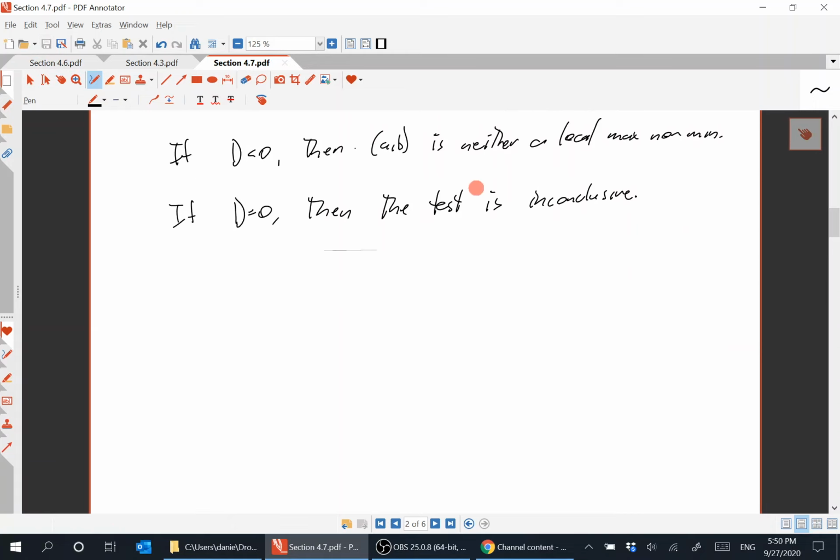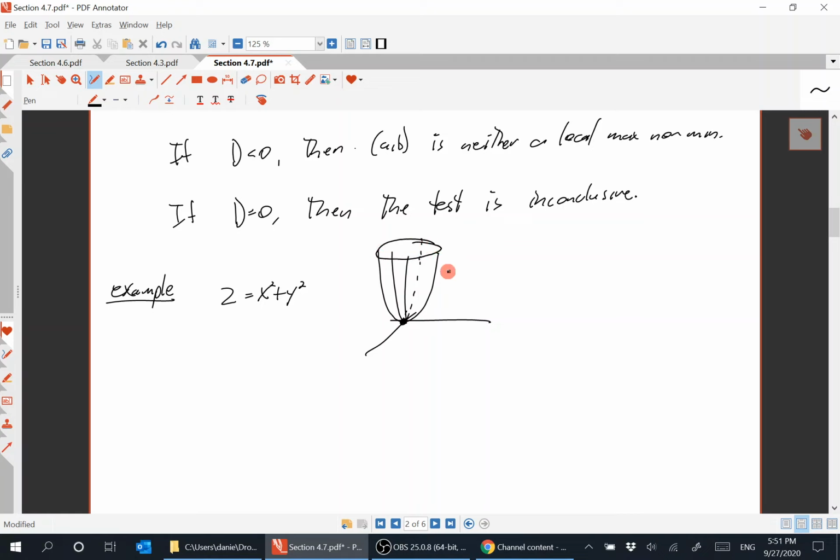So, for example, if I have the function z equal to x squared plus y squared, that's that paraboloid. There's only one critical point there, and that's at (0,0). We know that this is what the surface looks like.